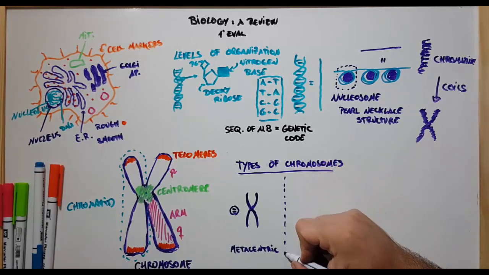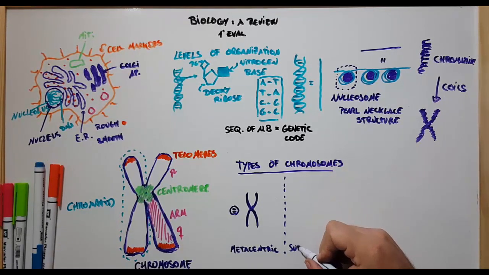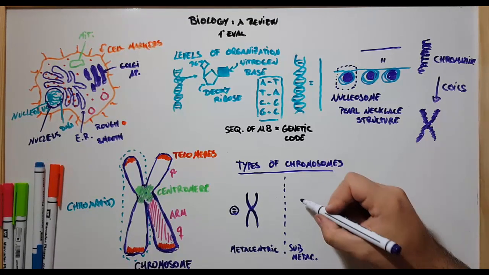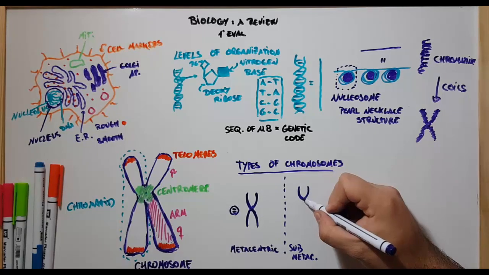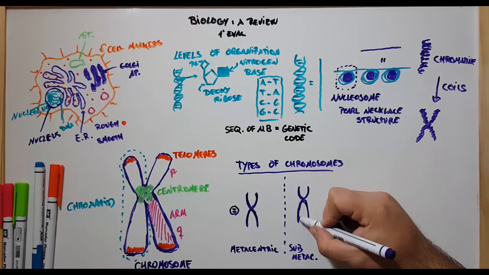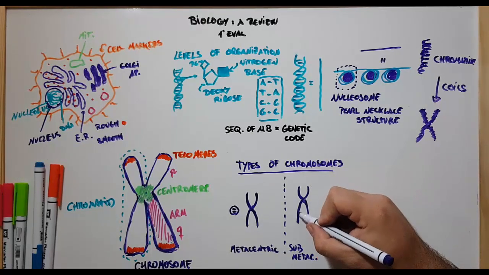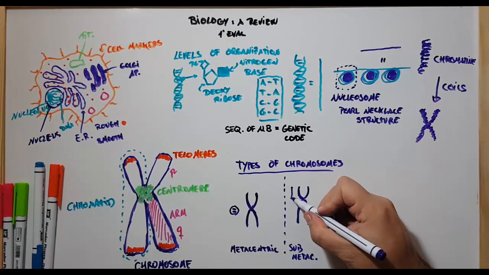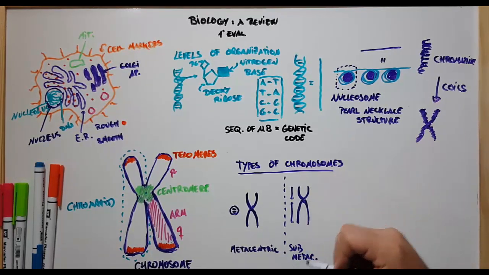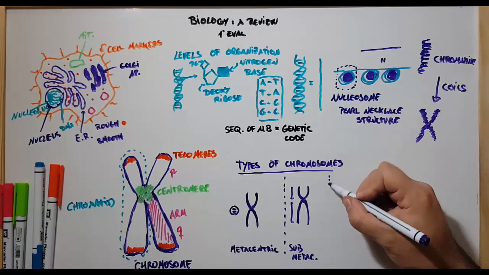Then we have the submetacentric chromosome that has the upper arms a little bit shorter than the lower arms. You can see obviously that these are quite shorter than in this submetacentric chromosome.